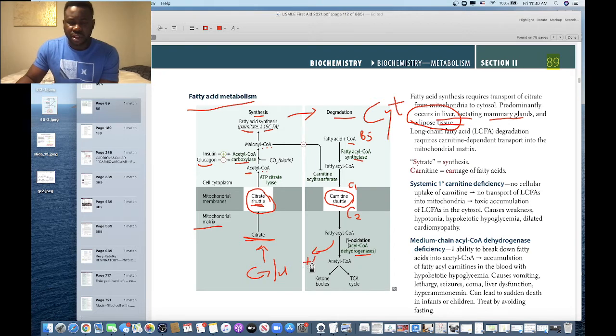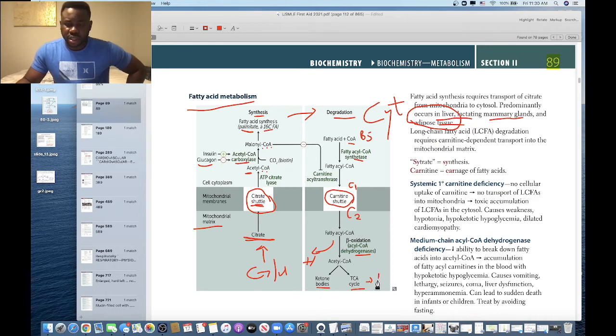And then what enzyme do you think will do this? It will be one of the dehydrogenase complexes, right? And vitamin B1 and even B5 and all those things, the thiamine pyrophosphate. So now the fatty acyl-CoA will be converted into acetyl-CoA, and then we can use acetyl-CoA to make ketone bodies, and then we can also send it into the TCA cycle to make ATP.